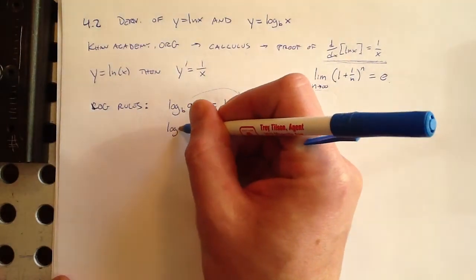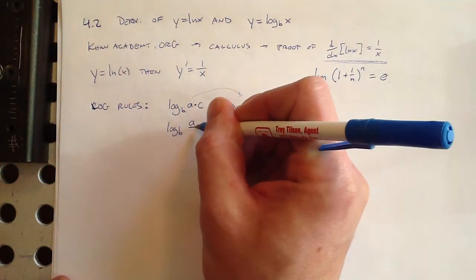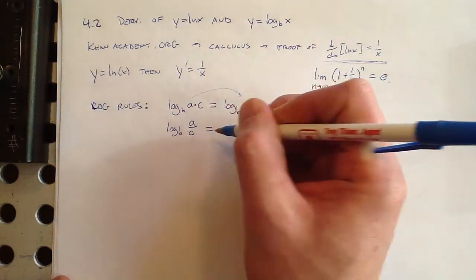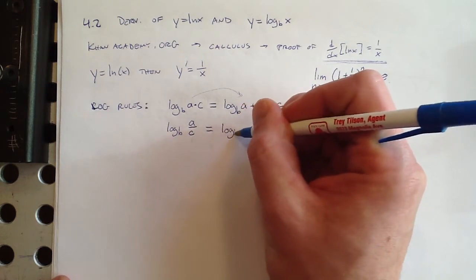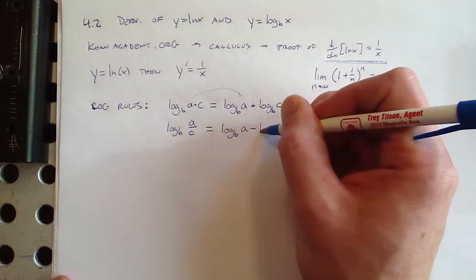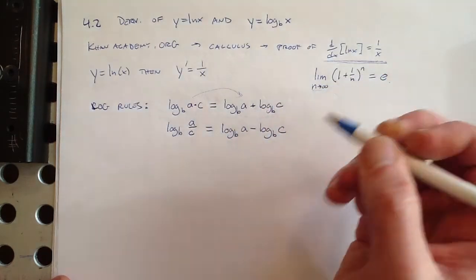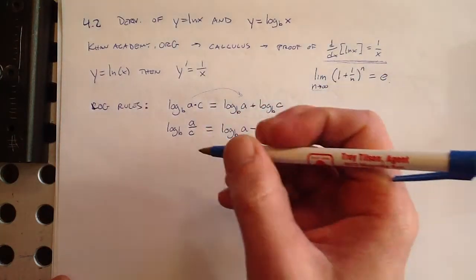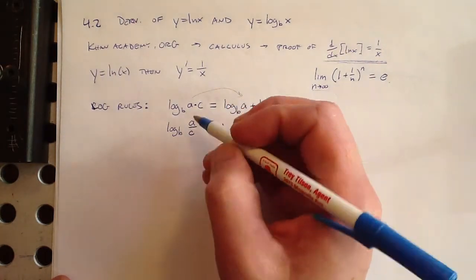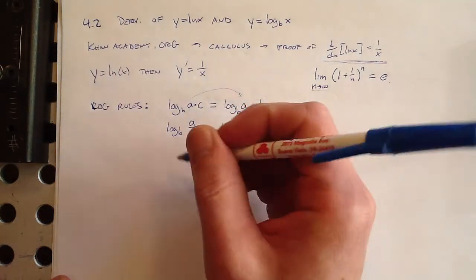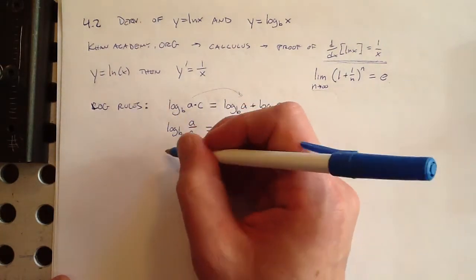Likewise, if you had a logarithm of a quotient, you can split that up by subtraction. If you don't remember why these things are true, you could try to prove them yourself. It's not that hard. It's just a little bit of algebra and using the definition of a logarithm. It's a good exercise.